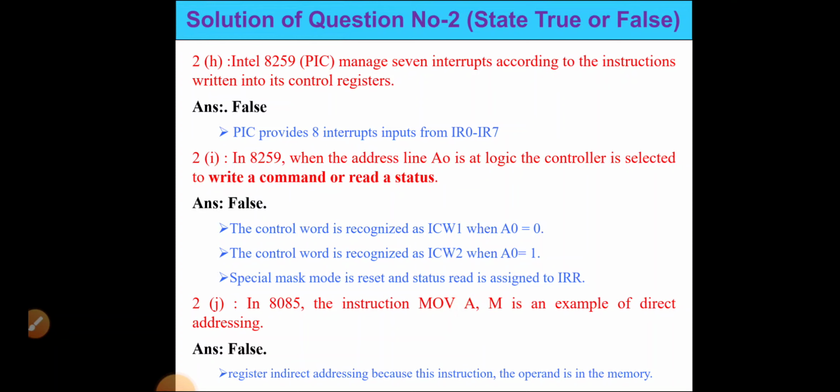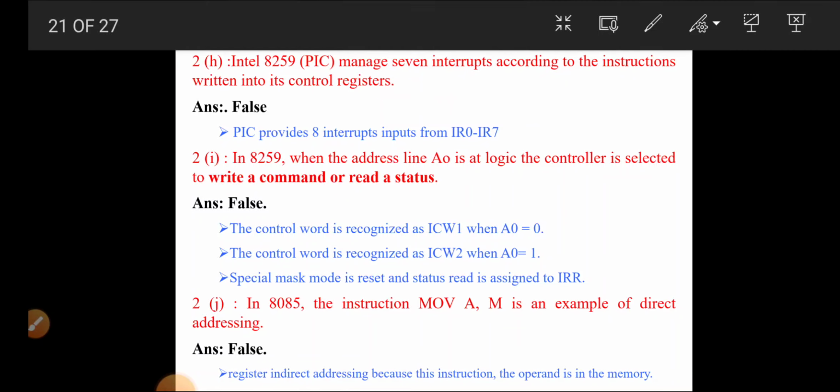So that's why it is called indirect addressing, not a direct addressing mode. That's why the statement is false. Here I have written it is an indirect addressing mode, not direct addressing mode.